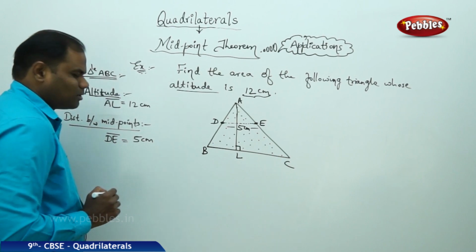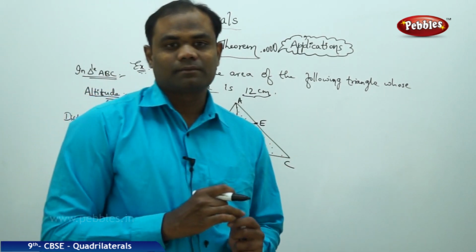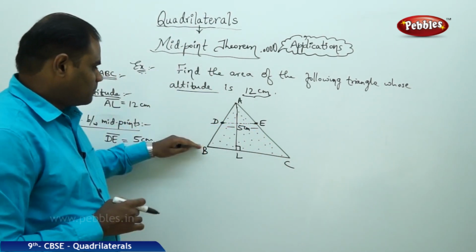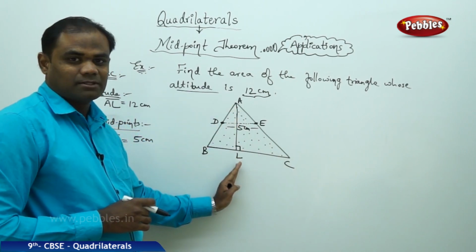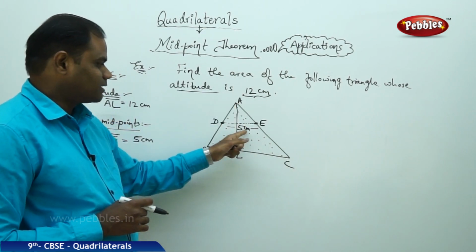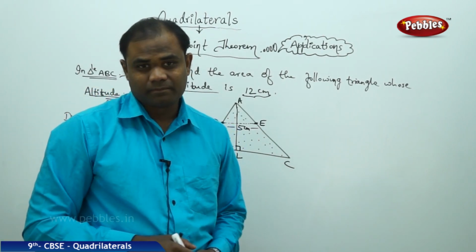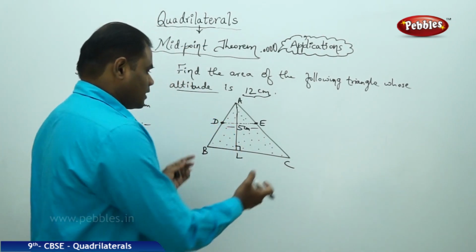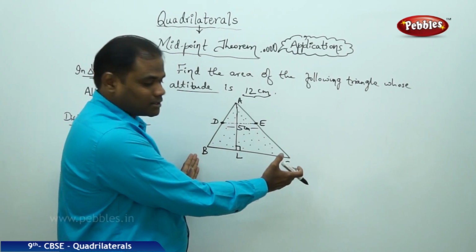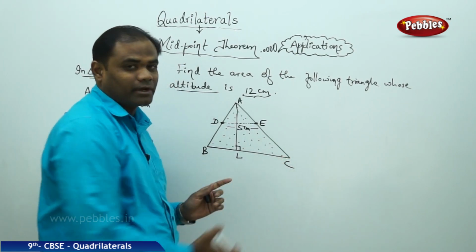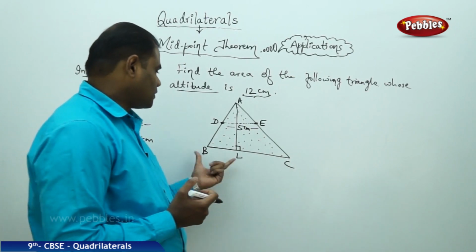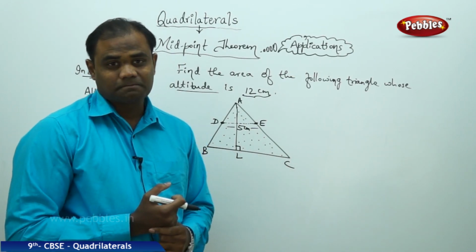Now the question is about finding the area of this triangle. So I have my height, but the dimensions of the base are not given. So my target here is to find the dimensions of the base, that is the length BC of the triangle ABC. So how do I find it?